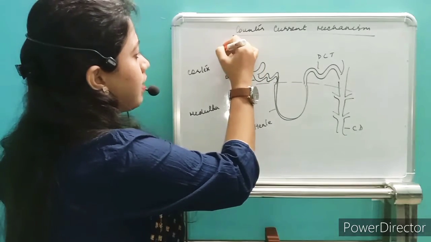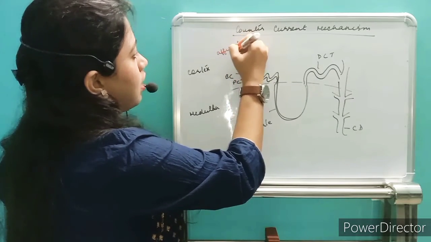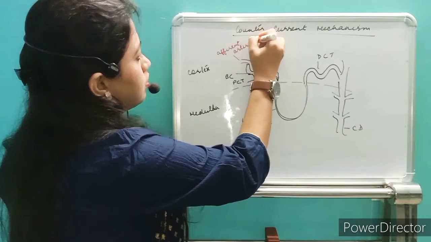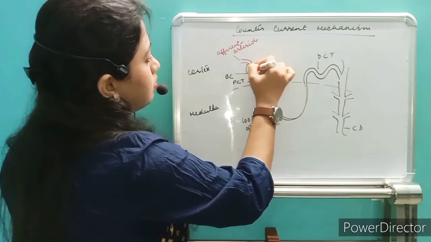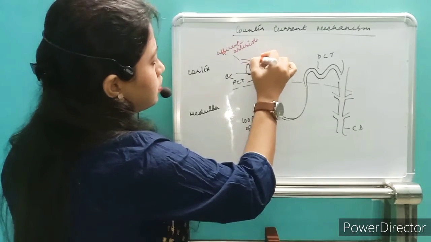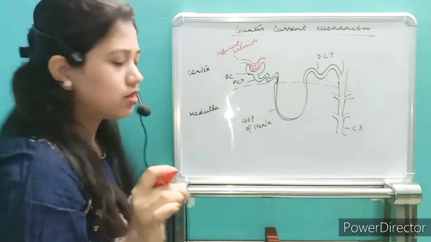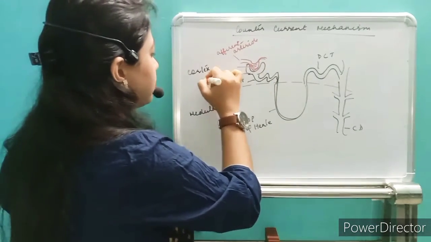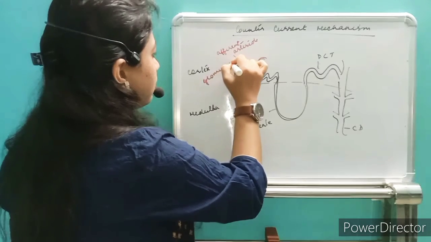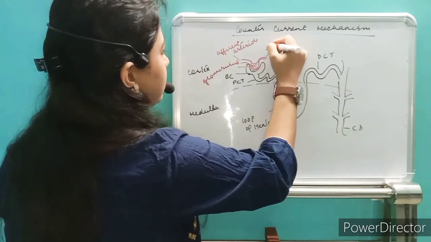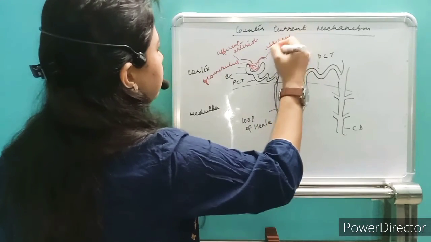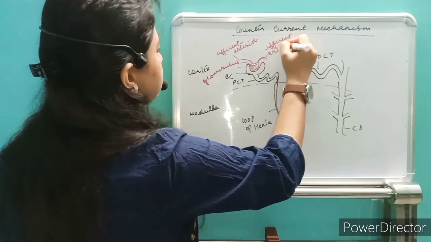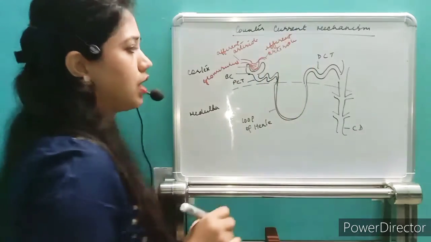This will be the afferent arteriole. This will be divided into a number of small capillaries, that will be the glomerulus. Next one, this will be the efferent arteriole.